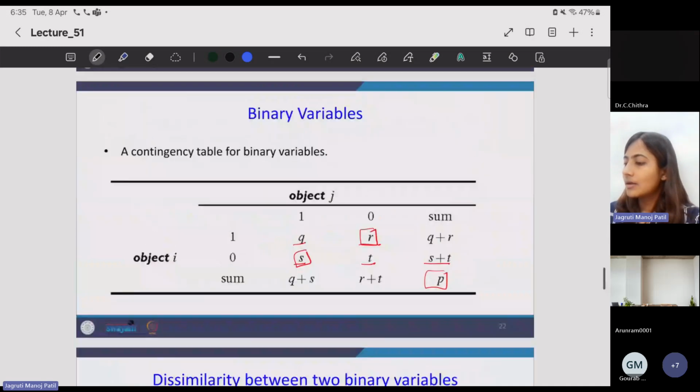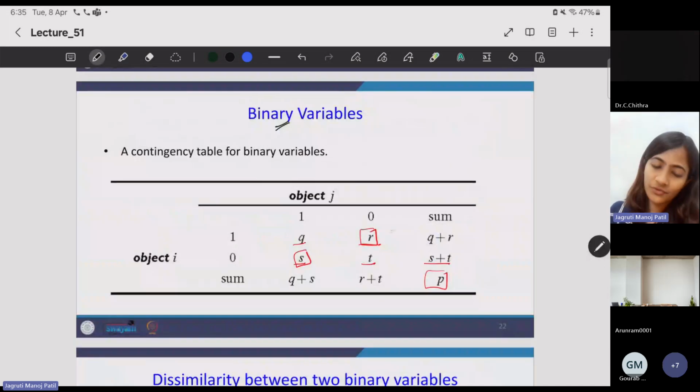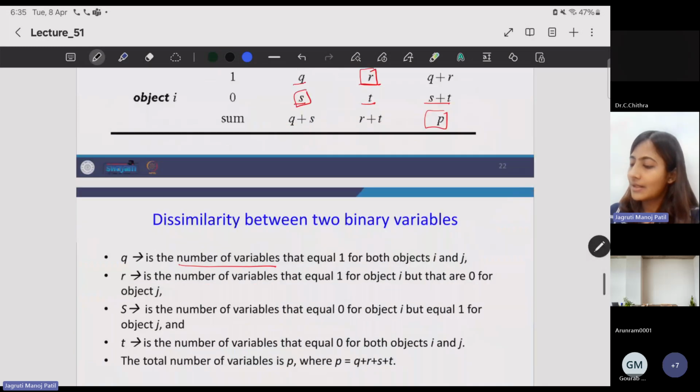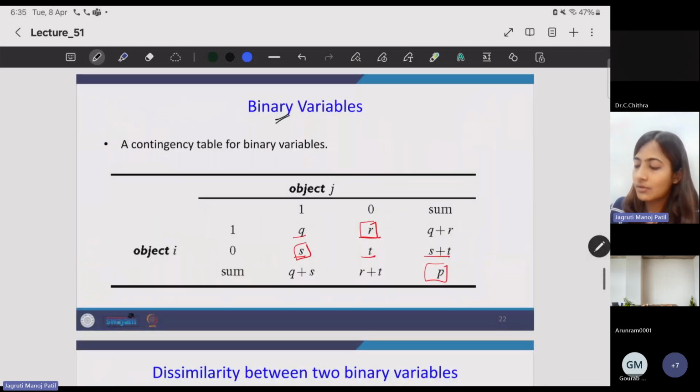Okay, apart from that, you have some binary variables here. They say that these variables are something like this. You also have a definition for the same in a later slide. If you have the ith row, these are your n number of rows, and this is your columns.